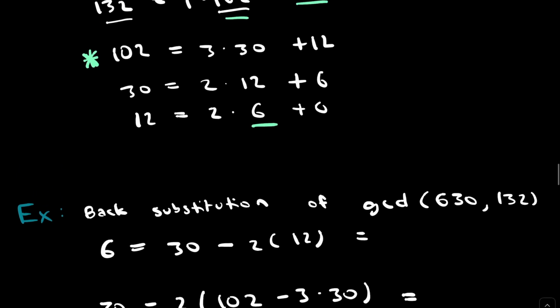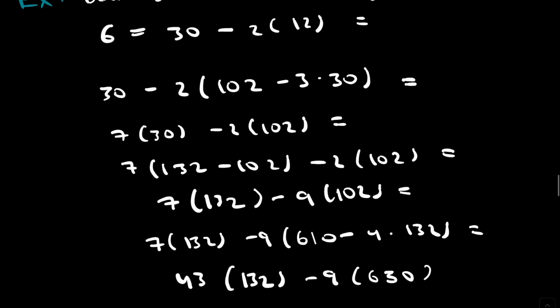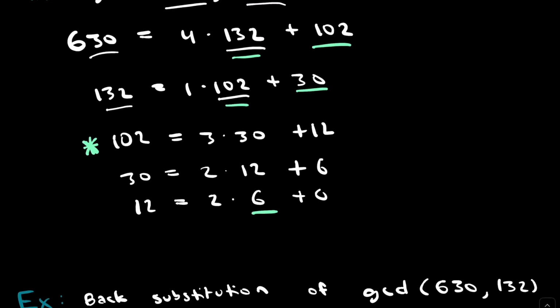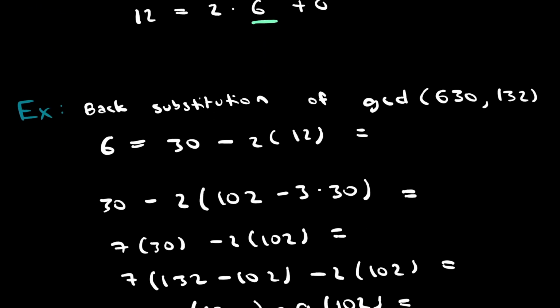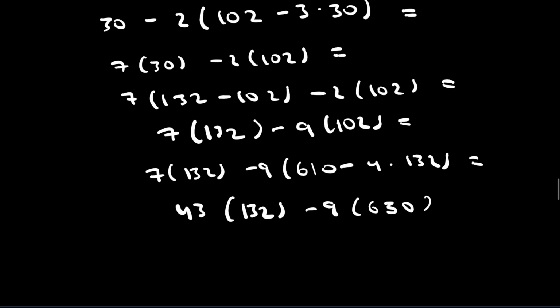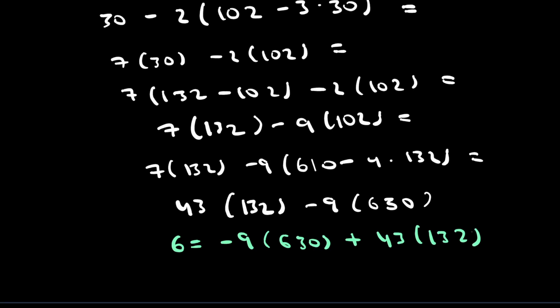We've finally found the original numbers. And we found an explicit integer combination: 6 is equal to negative 9 times 630 plus 43 times 132, where s is equal to negative 9 and t is equal to 43.